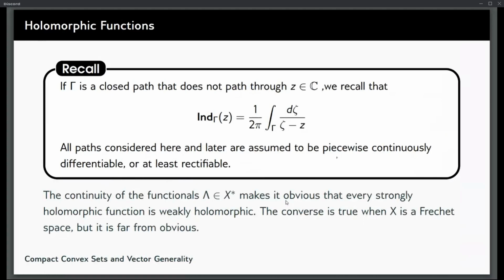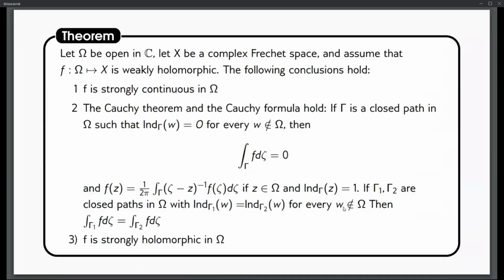Now, the continuity of lambda, as I mentioned, makes it obvious that every strongly holomorphic function is going to be weakly holomorphic. The converse is true in a Fréchet space, but it's not obvious. I think there are actually other methods to prove it, but this is the one that Rudin follows at least. So if omega is open and X is a complex Fréchet space, and f is weakly holomorphic, then the following conclusion follows.